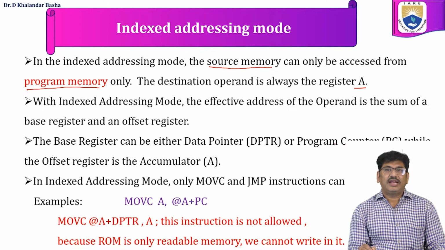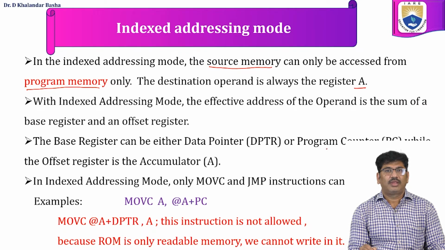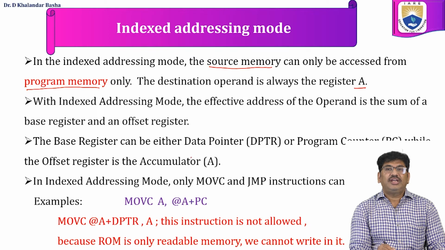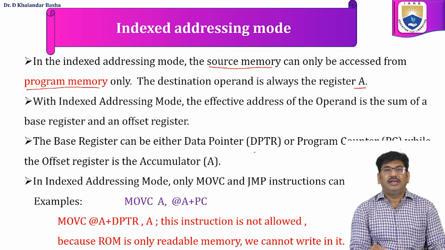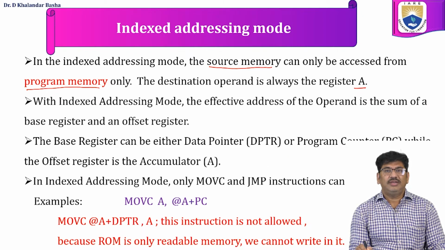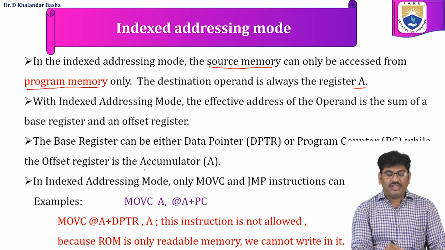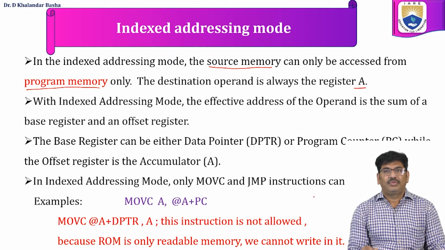With indexed addressing mode, the effective address of the operand is the sum of a base register and an offset register. The base register can be either the data pointer DPTR or the program counter PC, while the offset register is the accumulator.